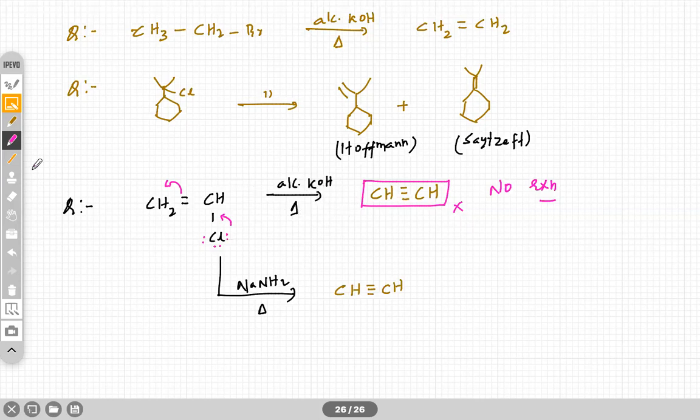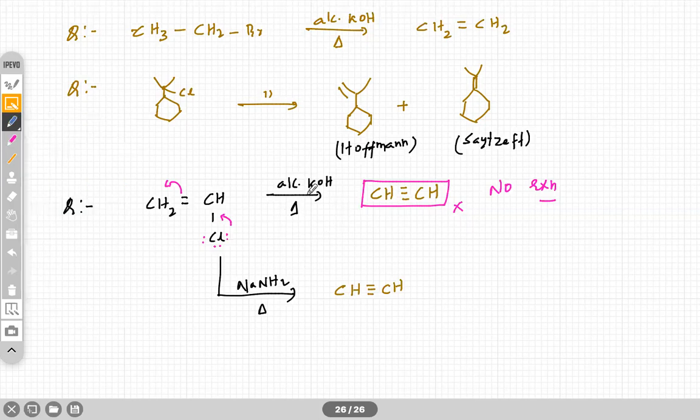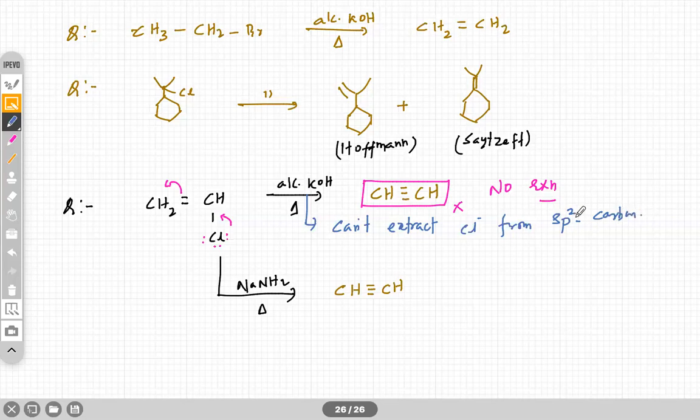KOH, however, is strong, but it cannot extract Cl minus from sp2 hybridized carbon. We require something stronger than this. And for that purpose, we use NaNH2. NaNH2 is a stronger base than KOH.